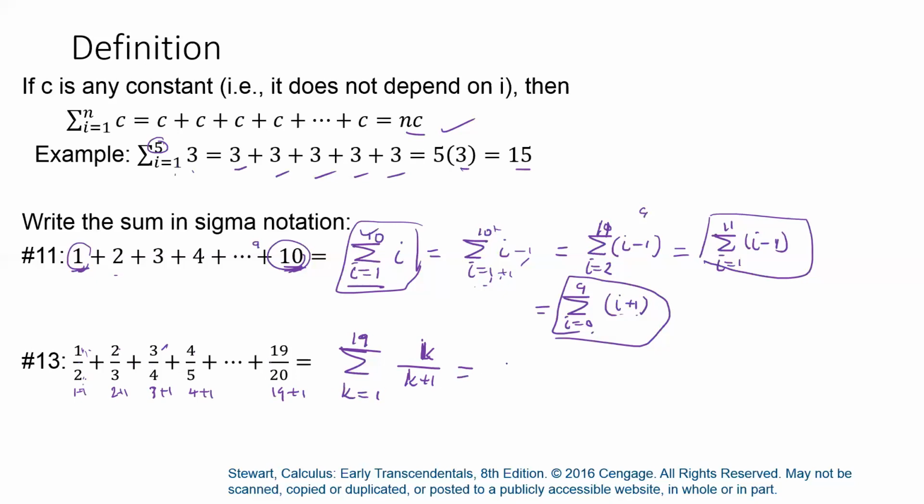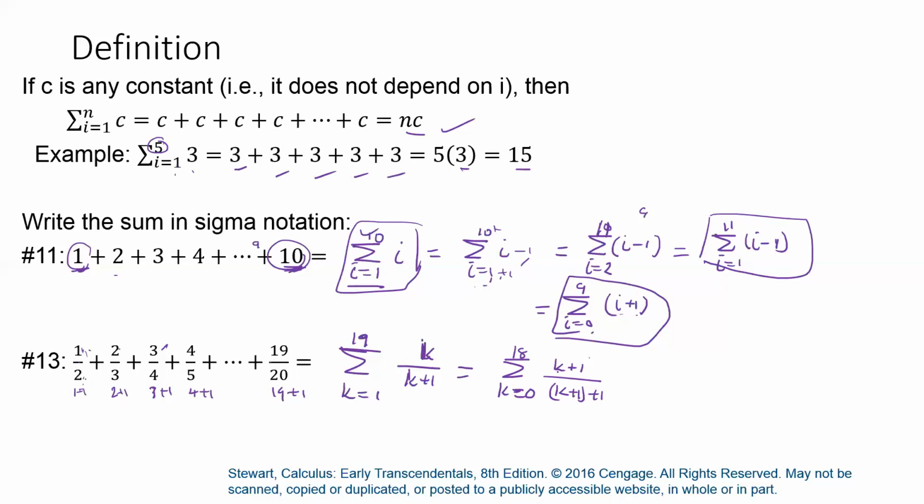Okay, now if I decrease this, let the k start from 0. Then the numerator will be k plus 1. The denominator will be k plus 1, then plus 1. And then because I reduced it, the upper limit should be 18.